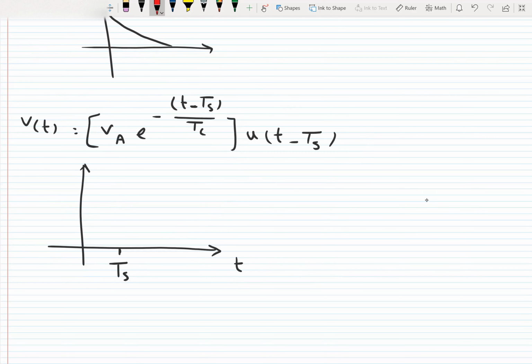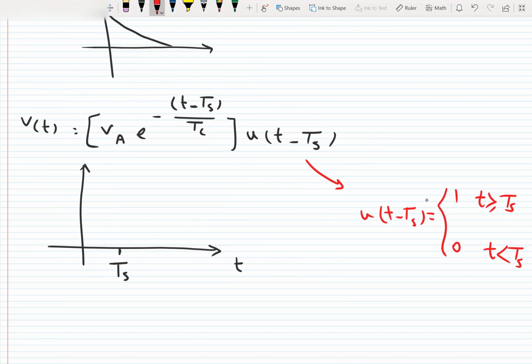We know that u of t minus Ts is equal to 0 for t less than Ts and is equal to 1 for t greater than or equal to Ts. So for t less than Ts, there will be no signal.